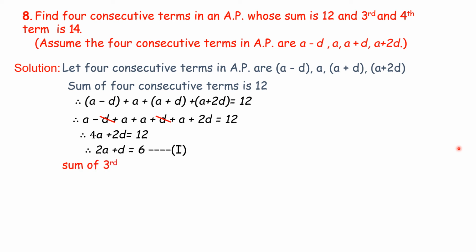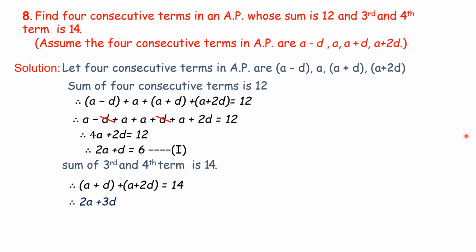The sum of the third and fourth term is 14. That is, a plus d plus a plus 2d is equal to 14. Therefore, 2a plus 3d is equal to 14. This is equation 2.